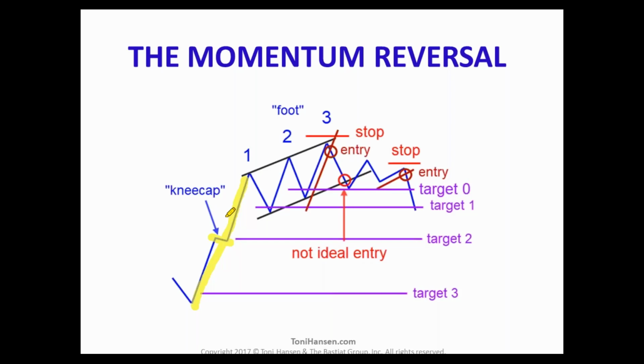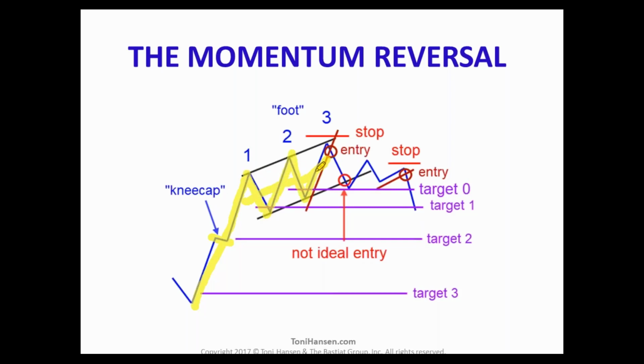So once we have this leg formed, now we need to find the foot. And within that foot, right here, this is where we want to look for distinct pivot points. In the most ideal momentum reversal strategy, you're going to see a series of V's and inverted V's.